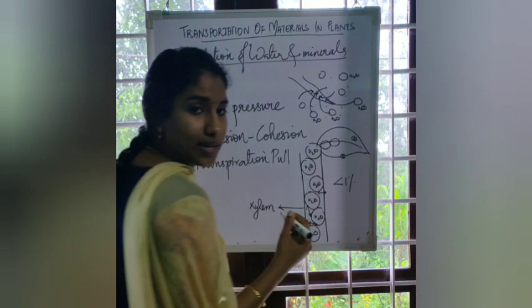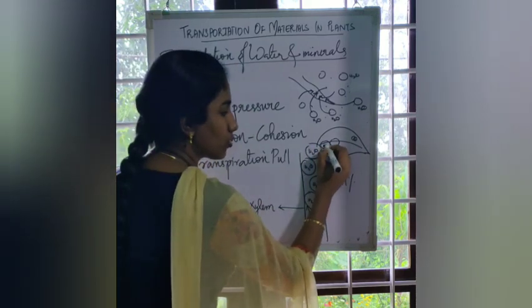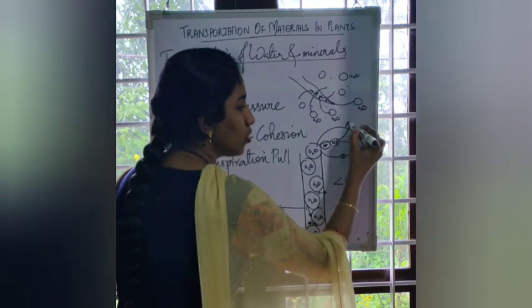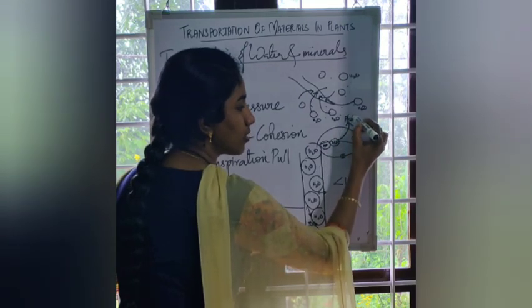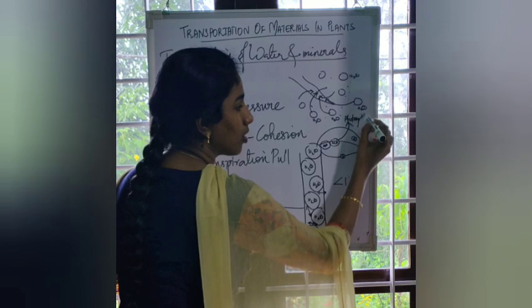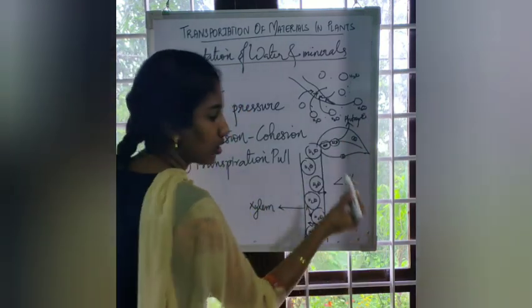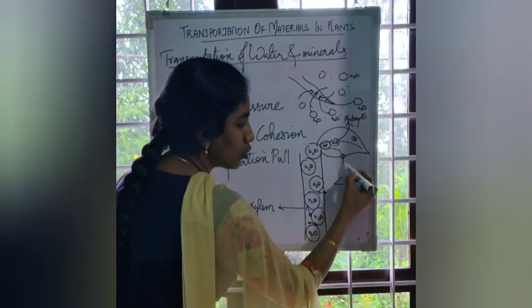Okay, two molecules are there. These are also water molecules entering. Some of the water molecules go for photosynthesis. Now the remaining one has to be removed. This one is going out through the stomata.